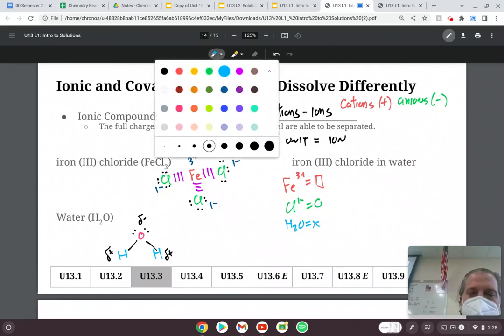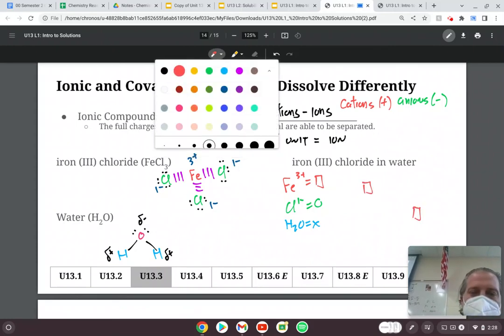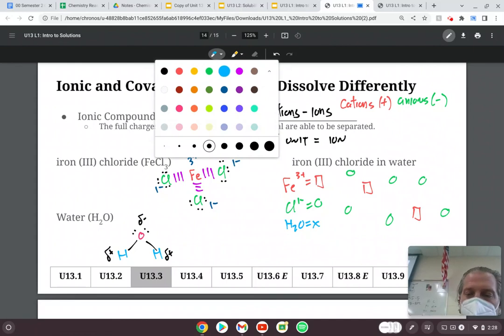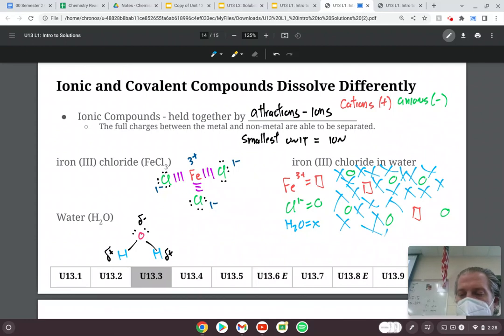What I would really see is I would have, like, say, a couple of squares, and then I would have an appropriate number of circles, like so. And then I would show that water is surrounding all of the smallest unit, which is the ion. Like that.